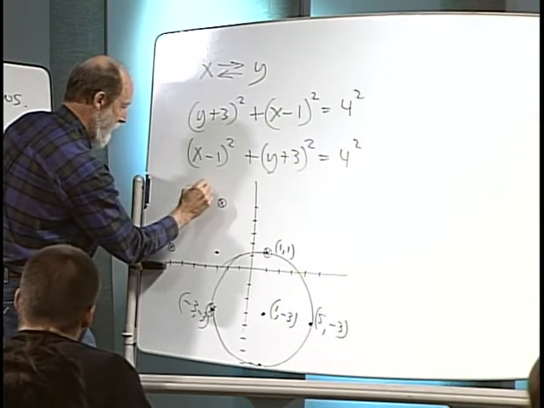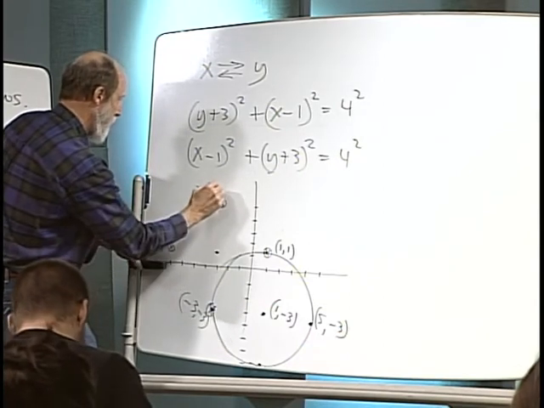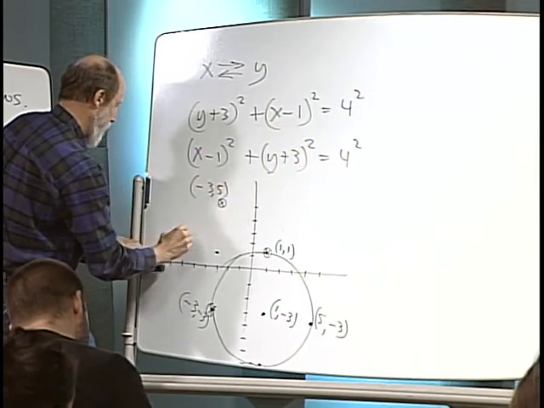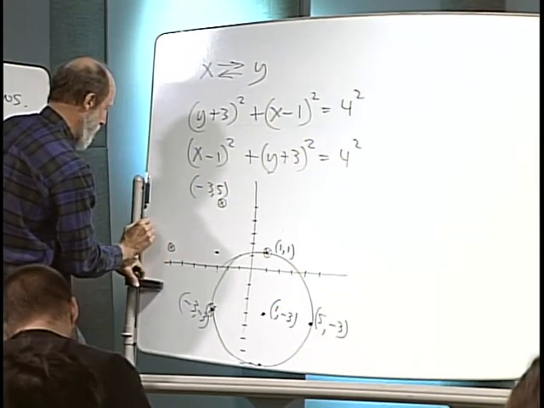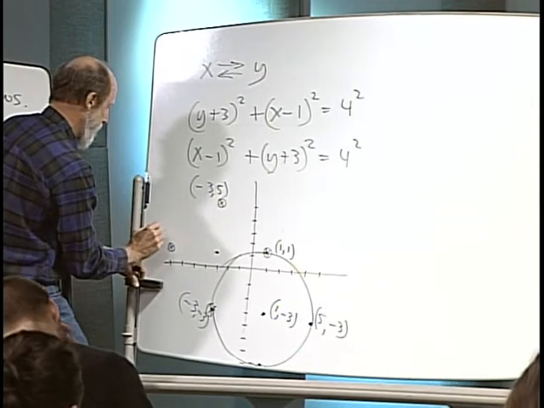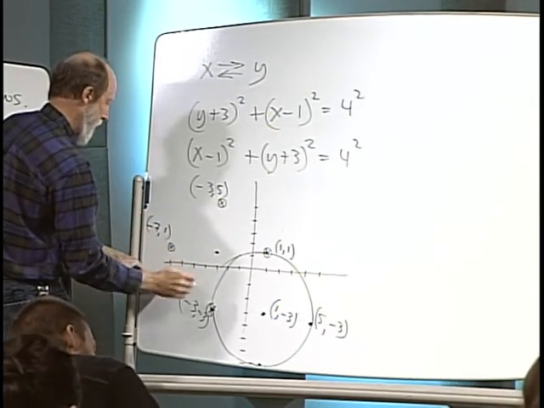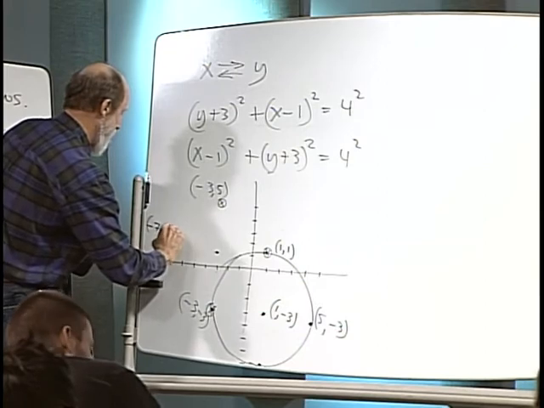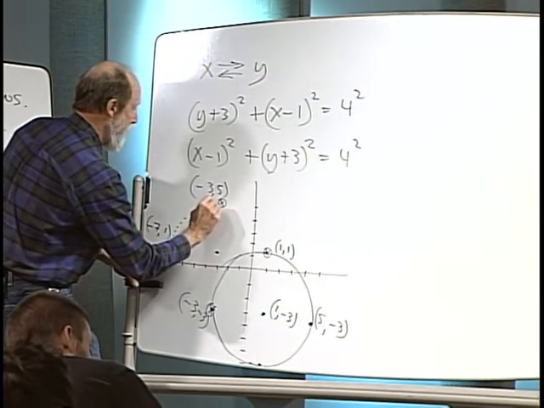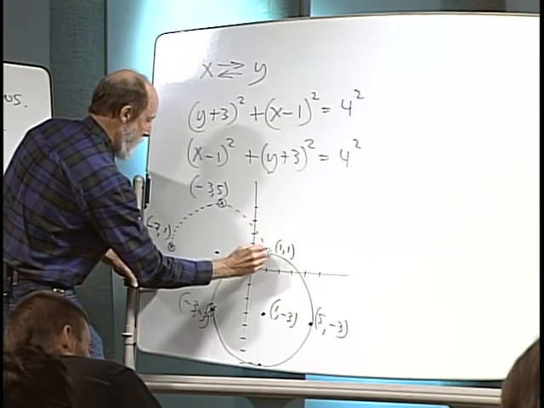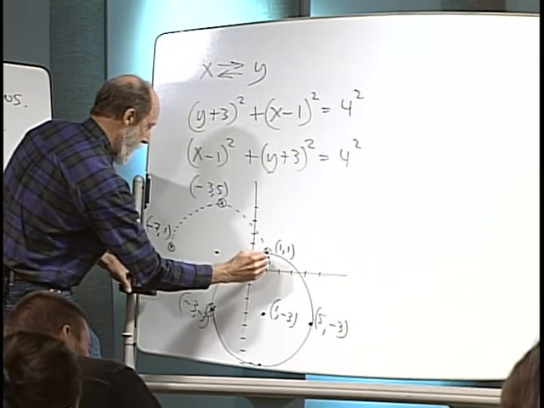And this was at -3, 5. Double check these points that I'm labeling just to make sure I did my arithmetic right. -7, up 1. And I think we're okay. I'm going to make this circle dotted so that you can sort of see a connection here.